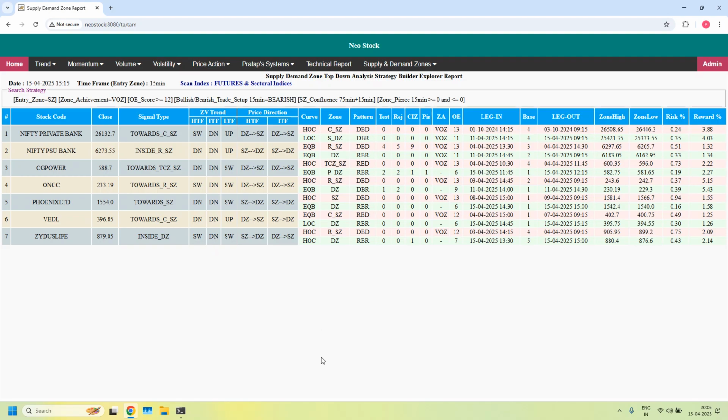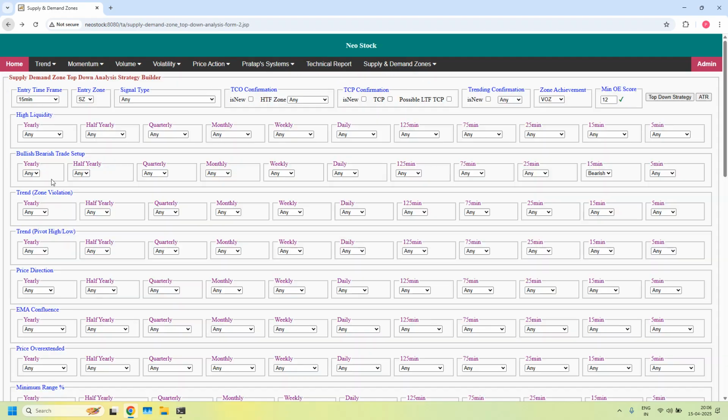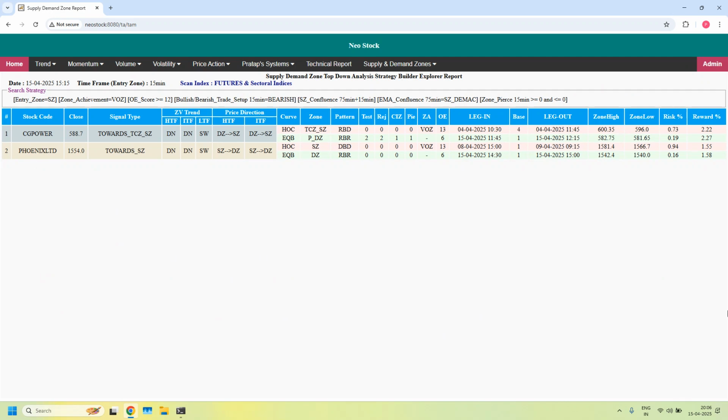So let's further filter based on the 75 minute supply zone having daily EMA confluence. With this filter, we got 2 stocks. These 2 are having more high probability to get success. This is based on LTF, ITF supply zone confluence and ITF EMA confluence.